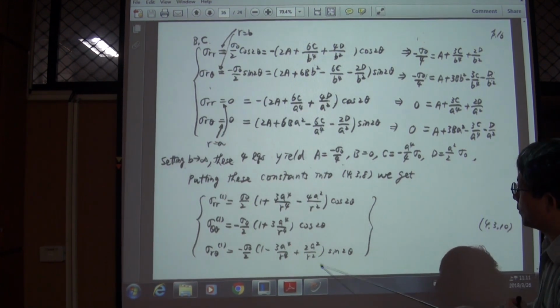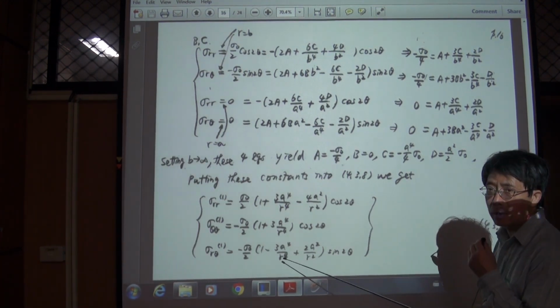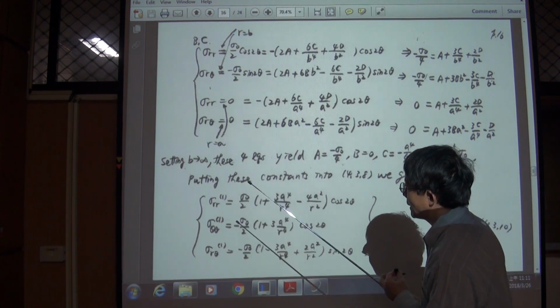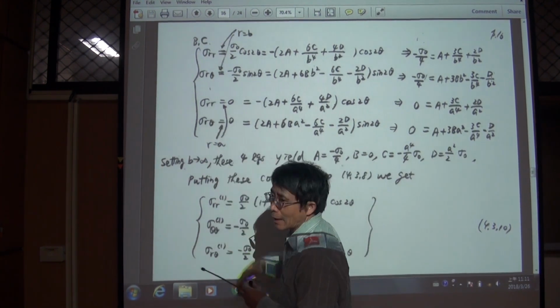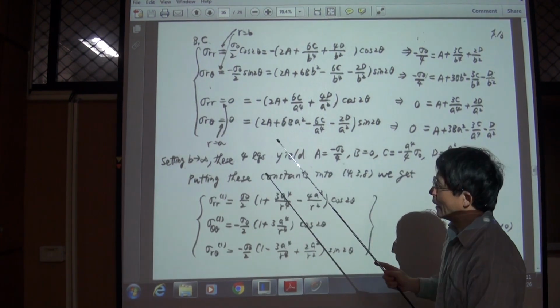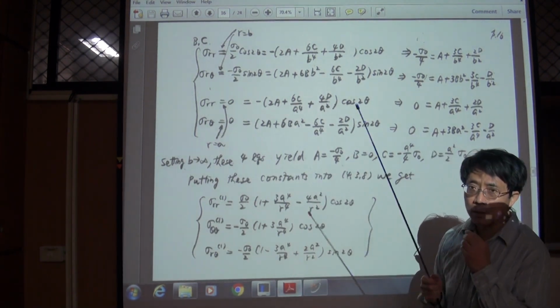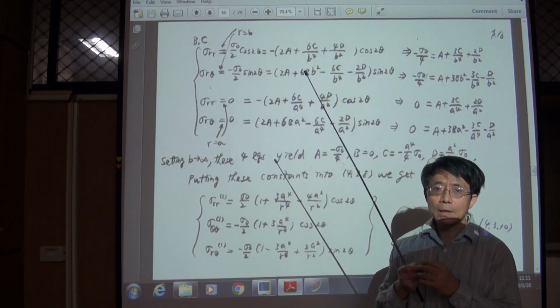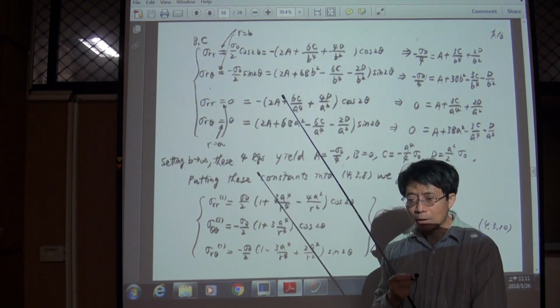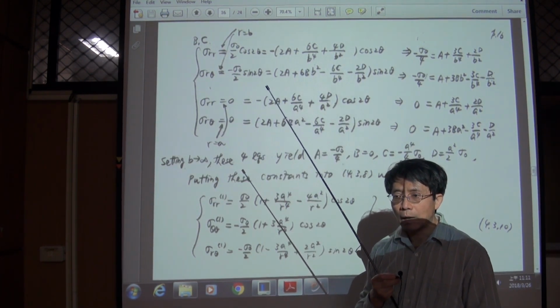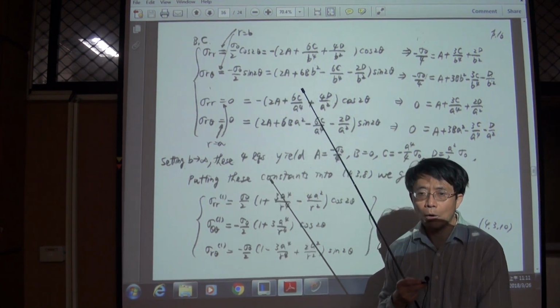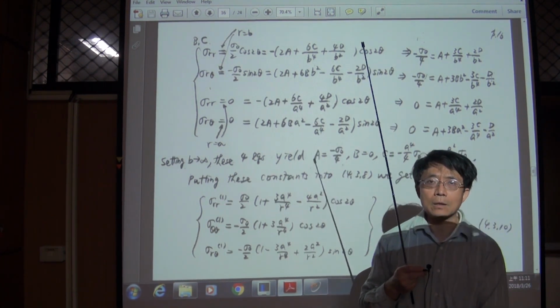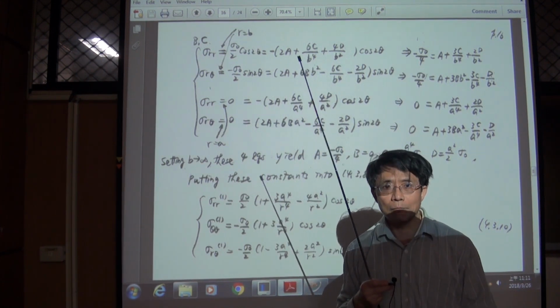Here in this formula, we don't have little b anymore because by taking the limit b much bigger than a, the value of b will be cancelled. This is very important because we are dealing with a problem using the free body diagram, right?